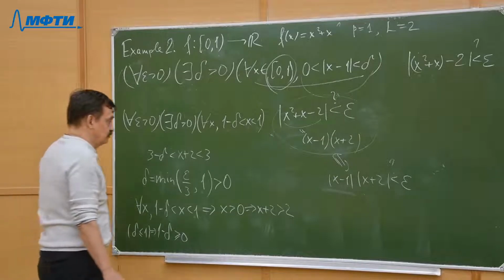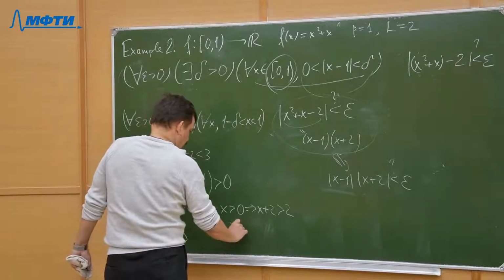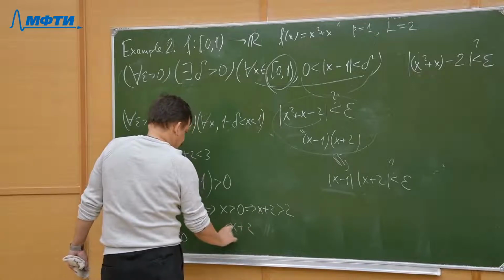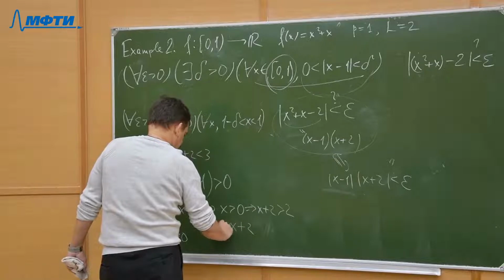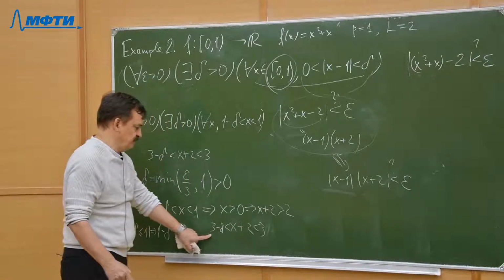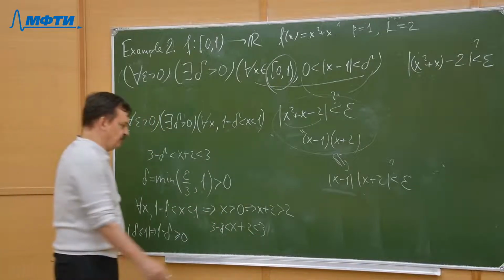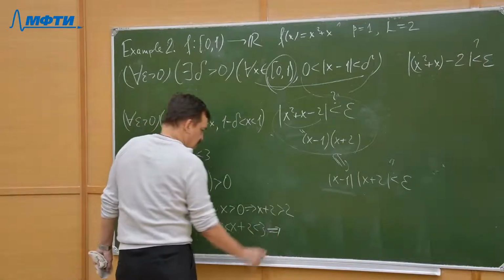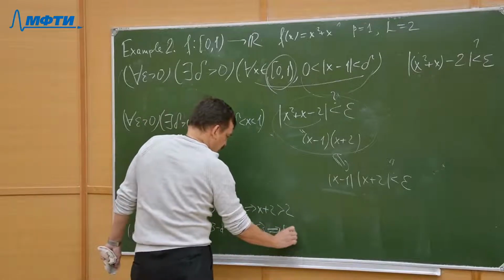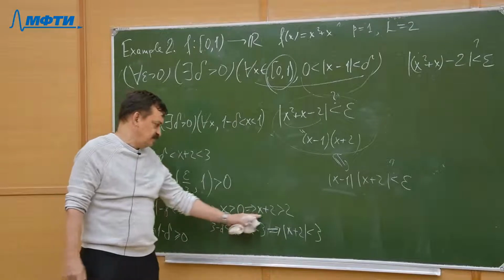So from the inequality, x plus 2 is between 3 minus delta and 3, it follows that modulo x plus 2 is less than 3, because x plus 2 is greater than 2.